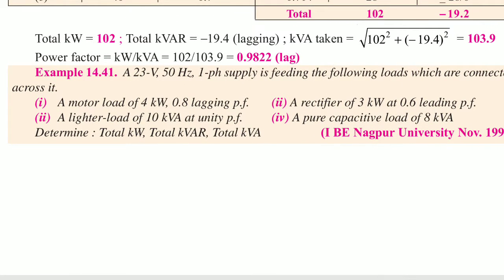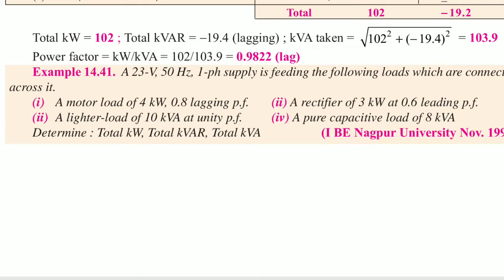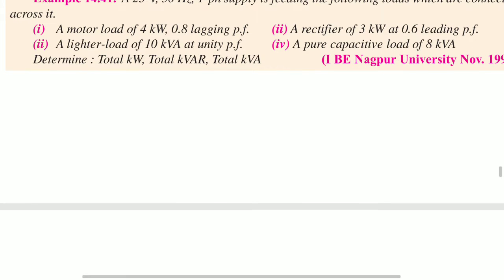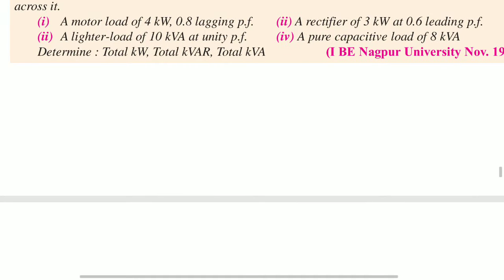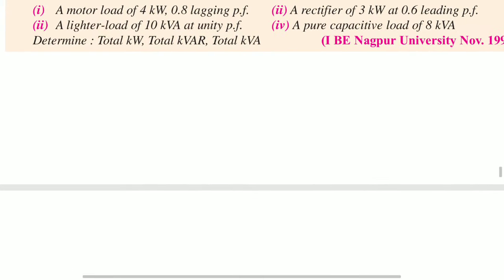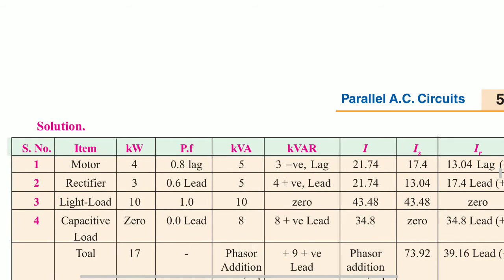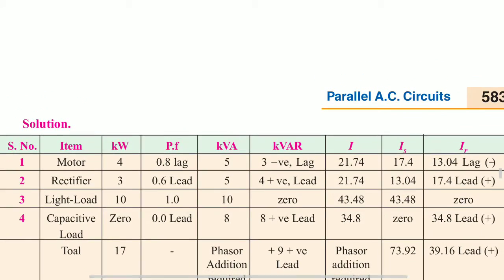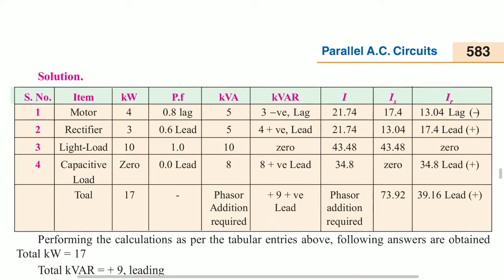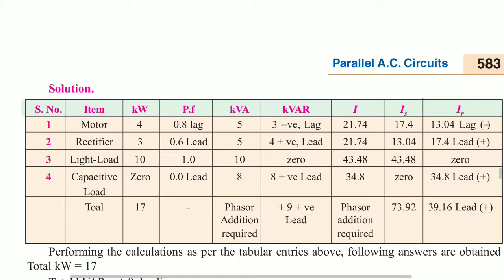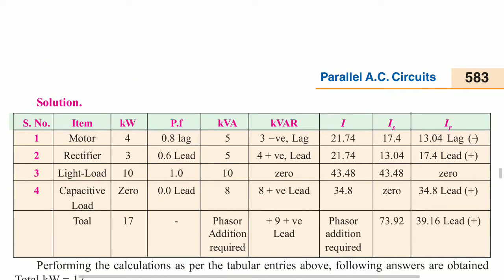You have to write it once again. So write here. Rows and columns are given.